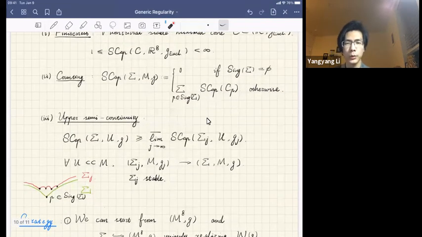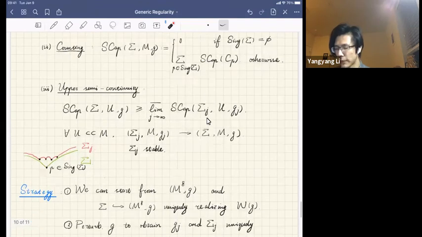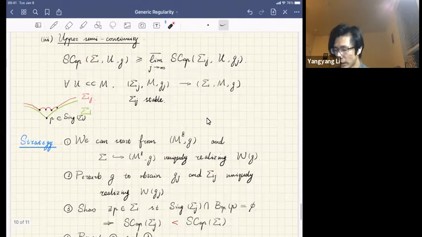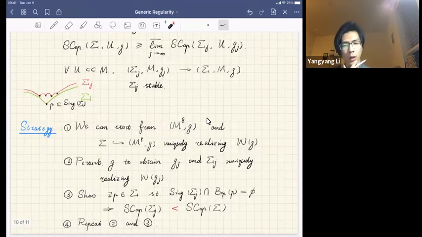Okay, with these tools, we can prove our main theorem using the following strategy. We start from a Riemannian manifold with some given metric g, and also sigma inside this Riemannian manifold, uniquely realizing the width. Then we can perturb g to obtain a sequence g_j and sigma_j, which is also uniquely realizing the width with respect to g_j.